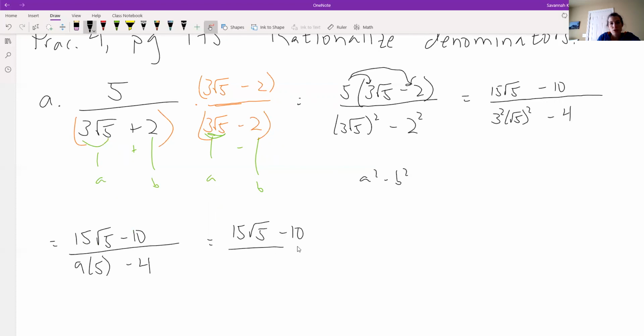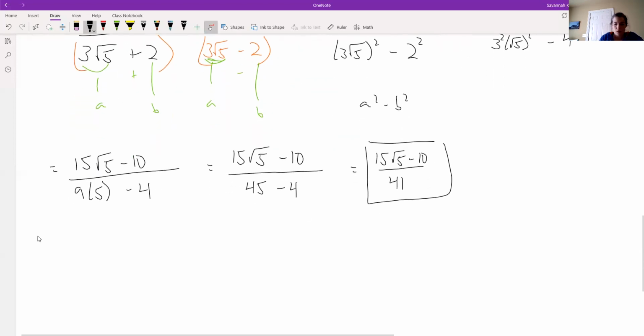Drawing to a close here finally, 9 times 5 is 45, minus 4 is going to give us 41. And that's where we stop. We have successfully removed the square root in the denominator, and it was just so much harder because that square root was part of a little math problem.